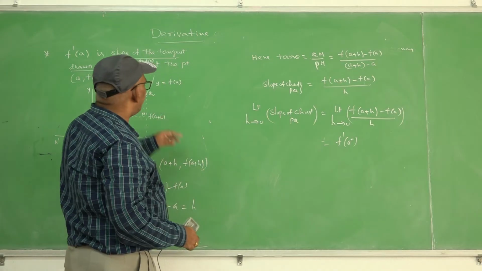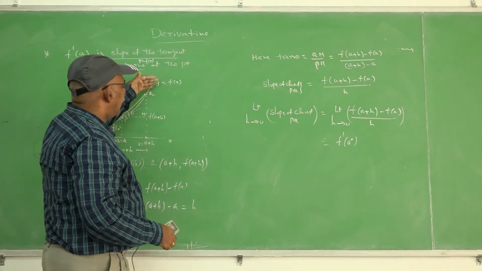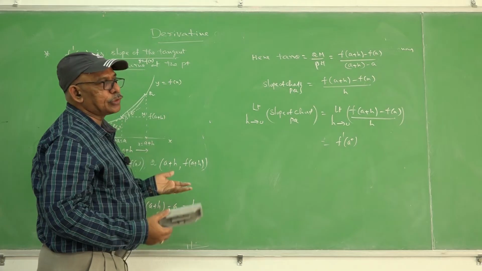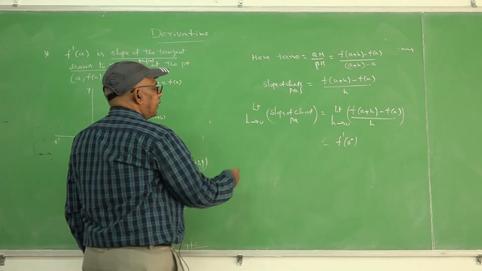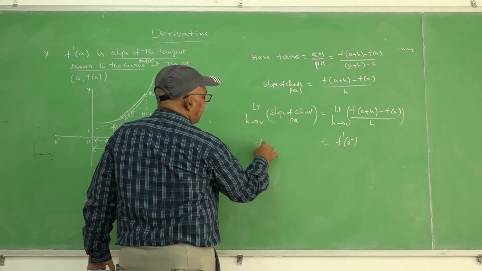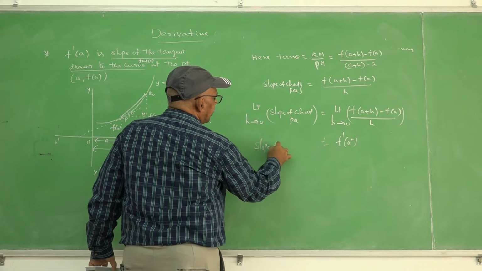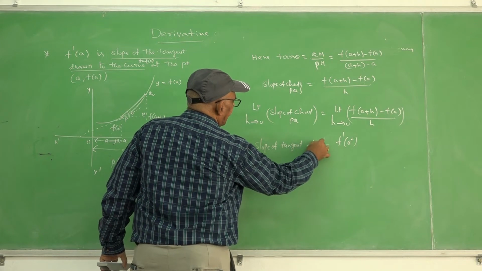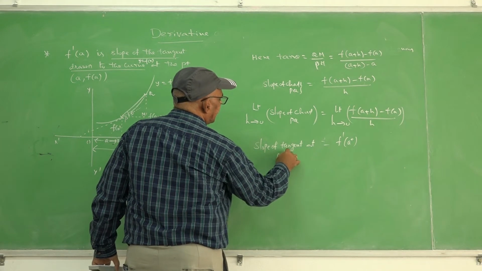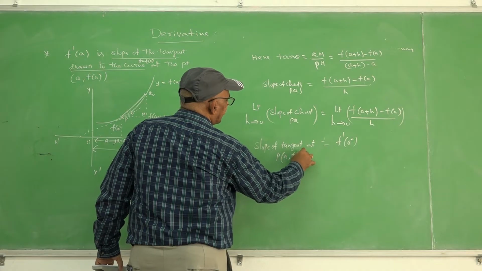As h nears 0, the slope of the chord becomes the slope of the tangent, because the chord becomes tangent. So, this is the slope of the tangent at P, that is, a comma f of a.